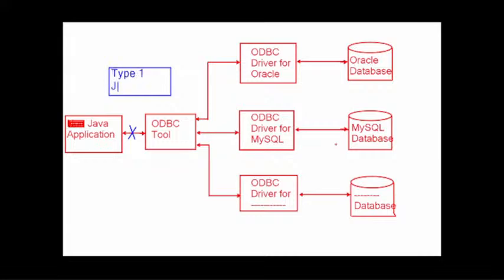Now with this diagram, you can give the answer: the type 1 JDBC driver, one driver or many drivers? One driver. But ODBC drivers, many drivers. Note this diagram also, because only with the diagram will you understand. After 1 week, if you open it again, you'll get confused.